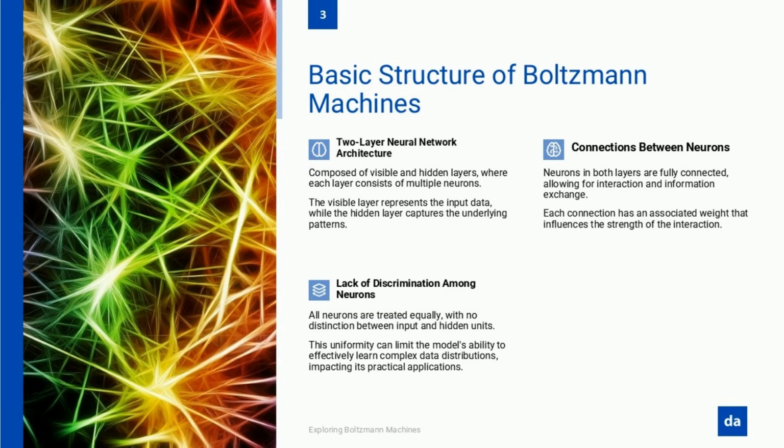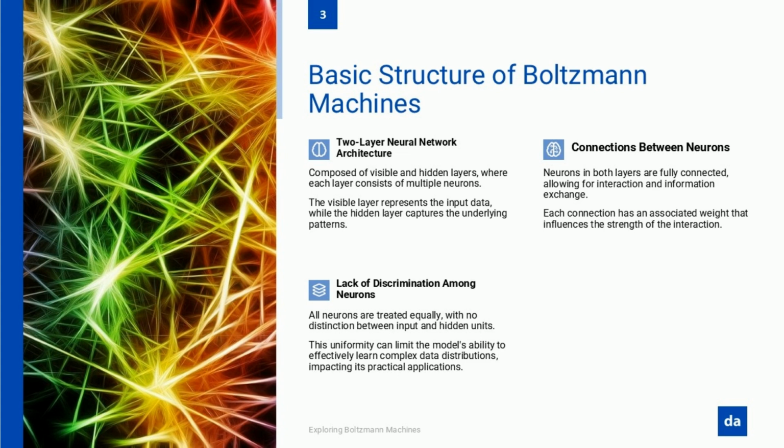Now that we understand where Boltzmann machines come from, let's break down how they are actually built, because their structure is what makes them both powerful and, at times, challenging to work with. Unlike traditional neural networks, where data flows in a specific direction, Boltzmann machines operate differently.